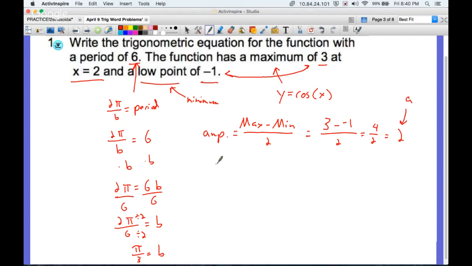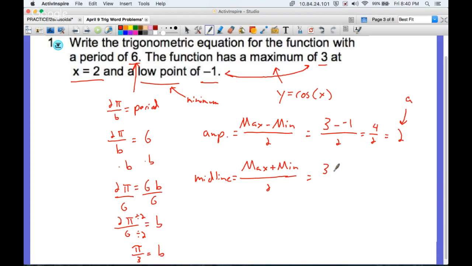And now for the k value, that's the vertical shift. That one is max plus the minimum divided by 2. So we're effectively averaging this to find our midline. And so the maximum is 3.